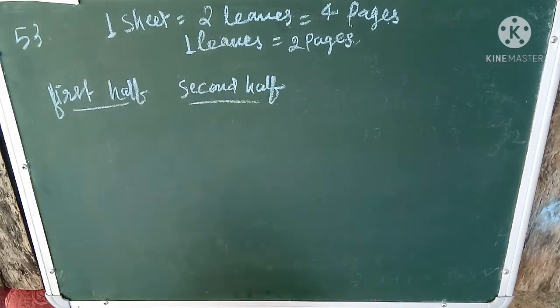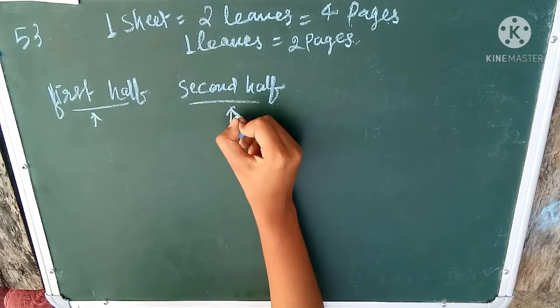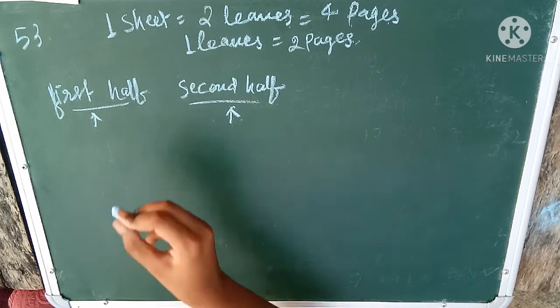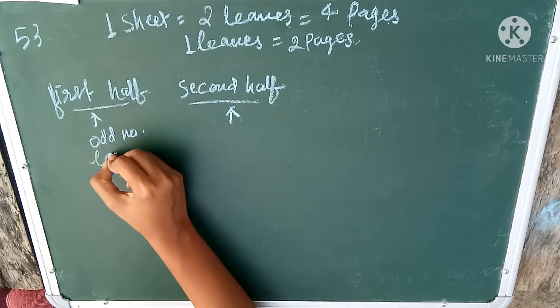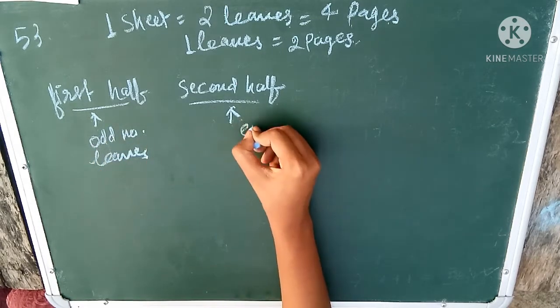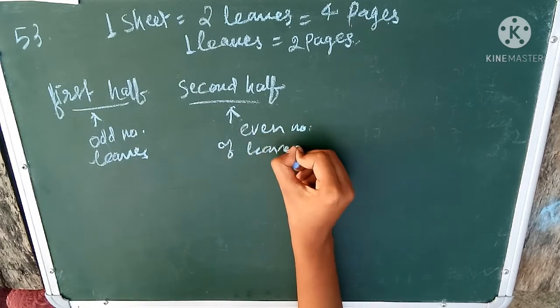A person Joy has removed some pages from the first half and from the second half. He has removed an odd number of leaves from the first half and an even number of leaves from the second half.